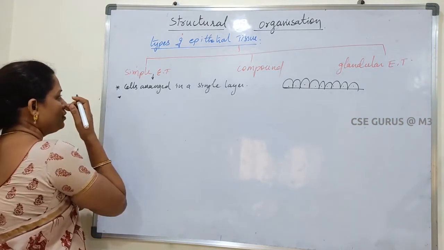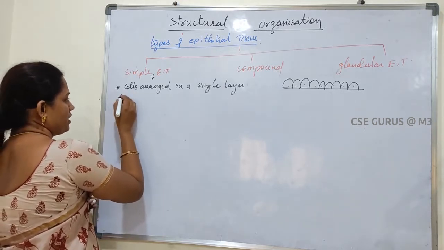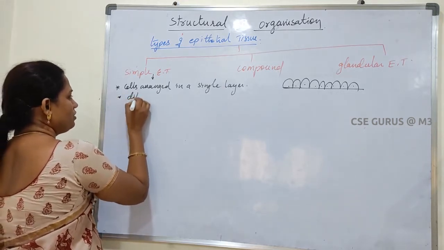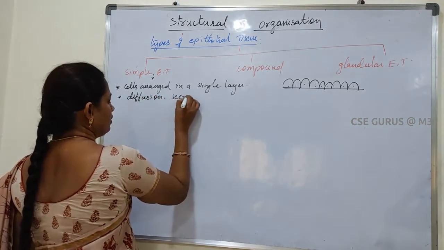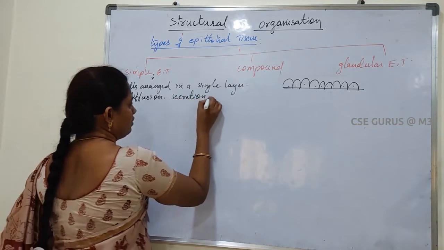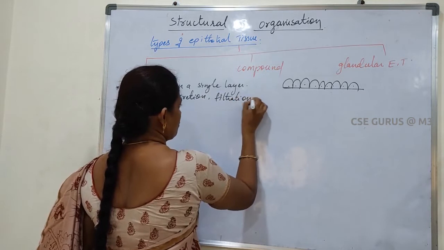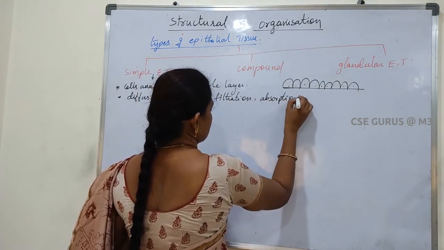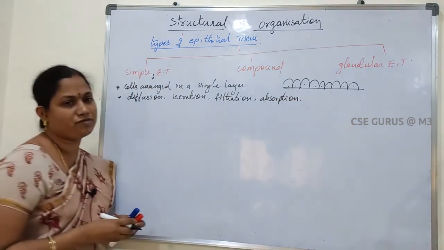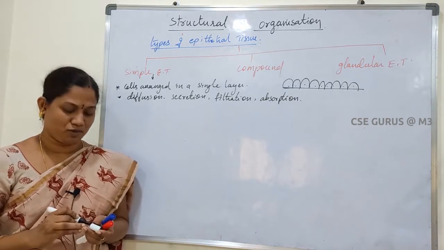Next, simple epithelial tissue helps in diffusion, secretion, filtration, absorption. So the simple epithelial tissues perform these functions: diffusion, secretion, filtration and absorption.